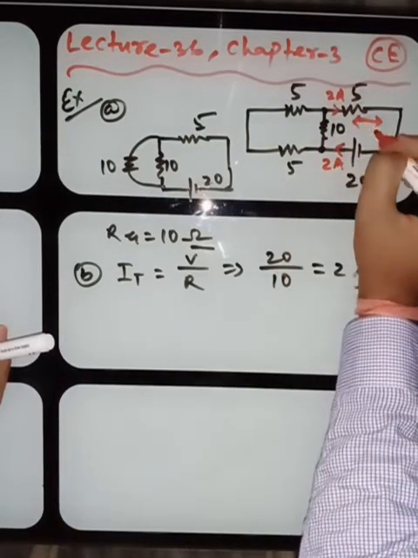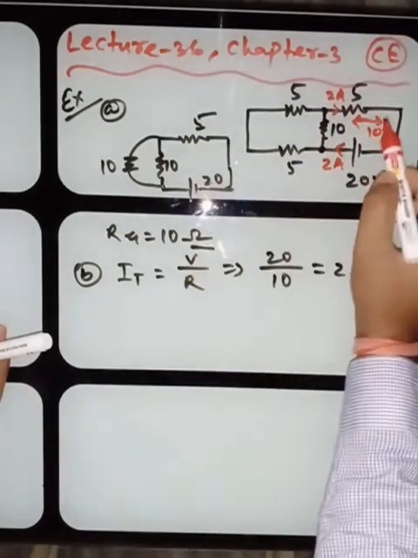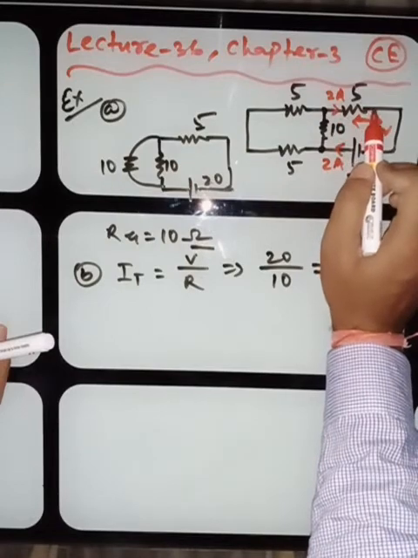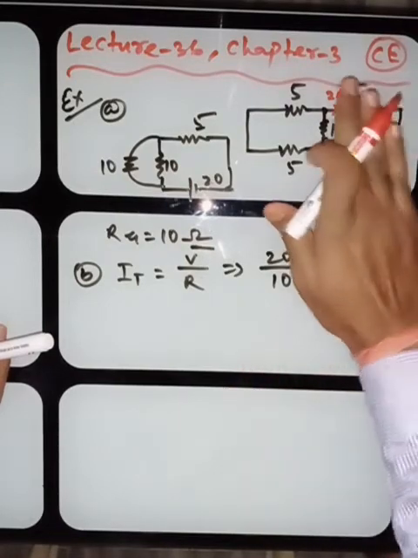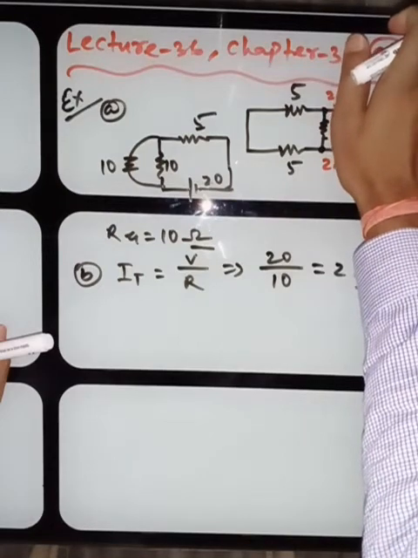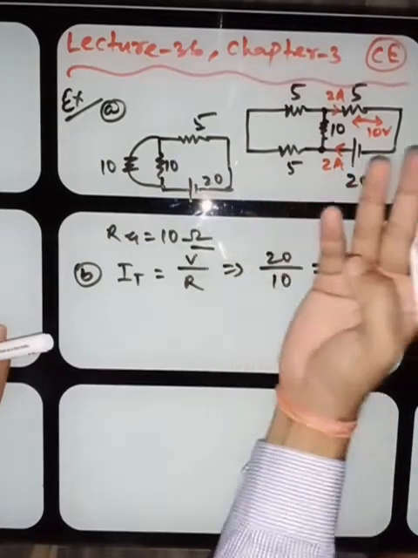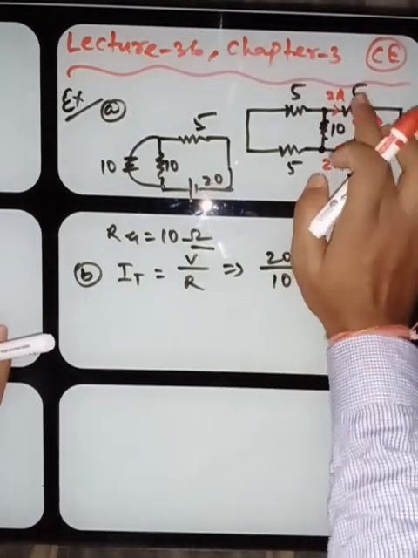You can see the 10 volt is drawn already. If in this circuit 10 volt is dropped here, then the rest of the circuit, as you can see, my dear students, is this one, and this rest circuit will receive the remaining voltage, which is 10 volt, because 10 volt dropped over here.